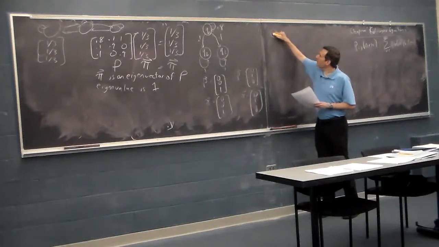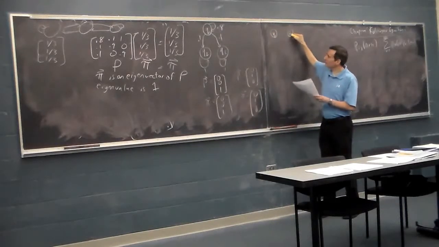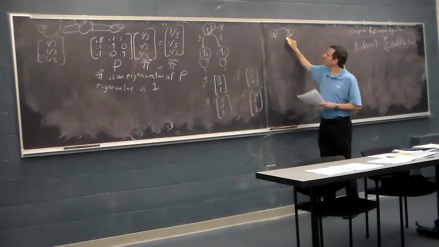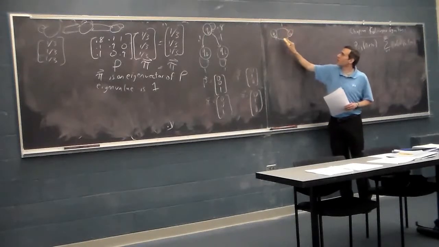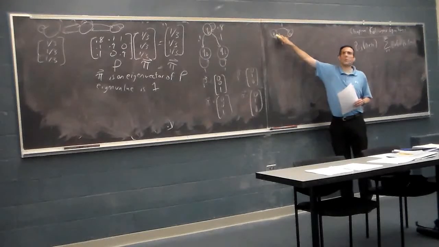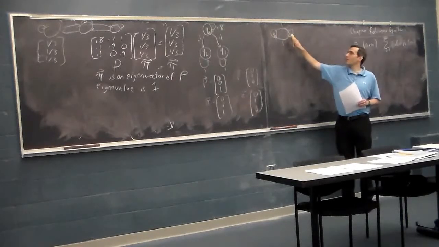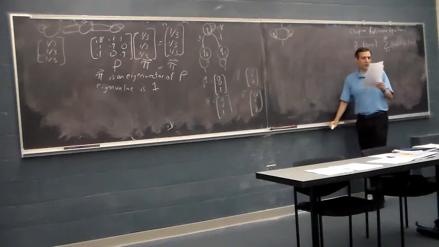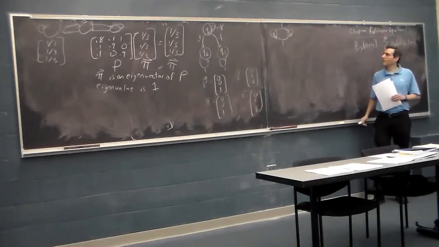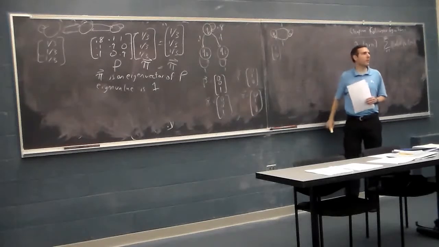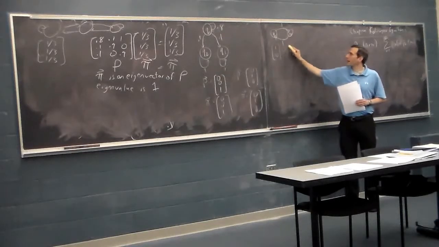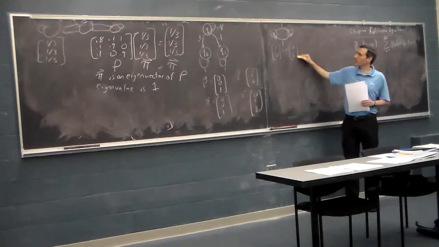And we can see that with another model. Let's say we've got Q1 and Q2, and I'm just going to say there are no self-transitions. If you're in Q1, with probability 1 you move to Q2. If you're in Q2, with probability 1 you move to Q1. Then if we started with the initial probability vector 1, 0, on the next step of the model the probability vector is 0, 1.